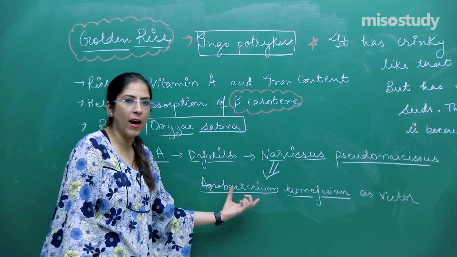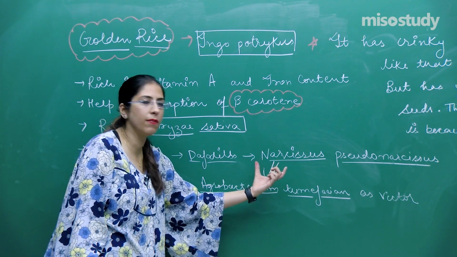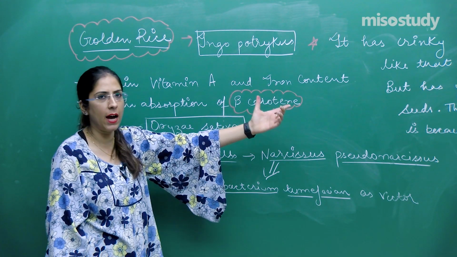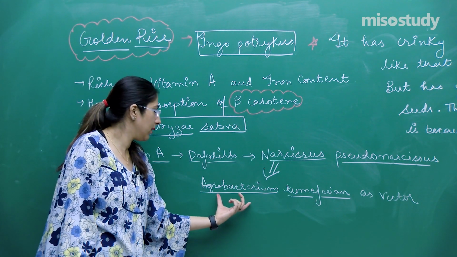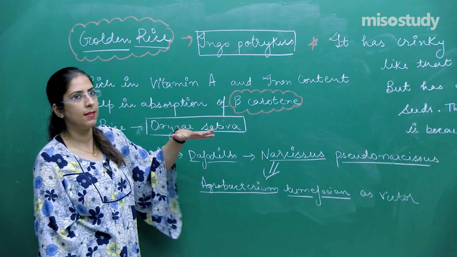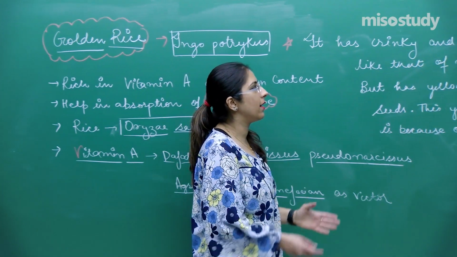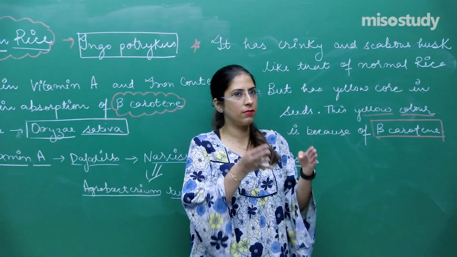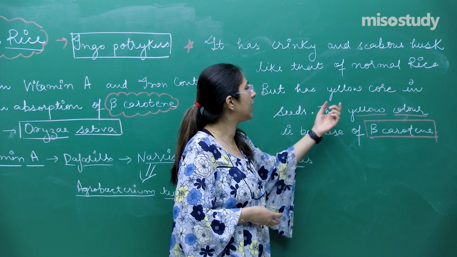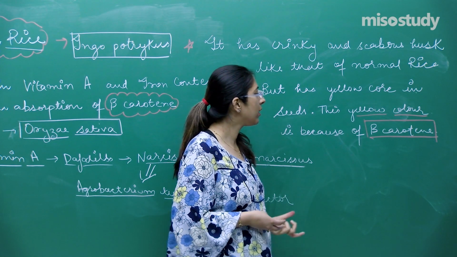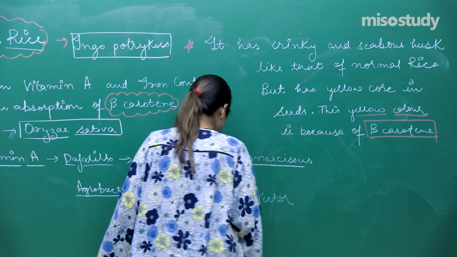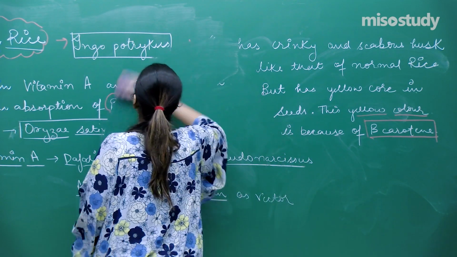The vector used for transferring the DNA which codes for vitamin A and iron is Agrobacterium tumefaciens, and it is transferred into the rice, right? The ultimate result is the formation of golden rice. Golden rice is different from normal rice just because it has a yellow color, and this yellow color of the core is due to the beta carotene. So students, this was the story behind the golden rice.